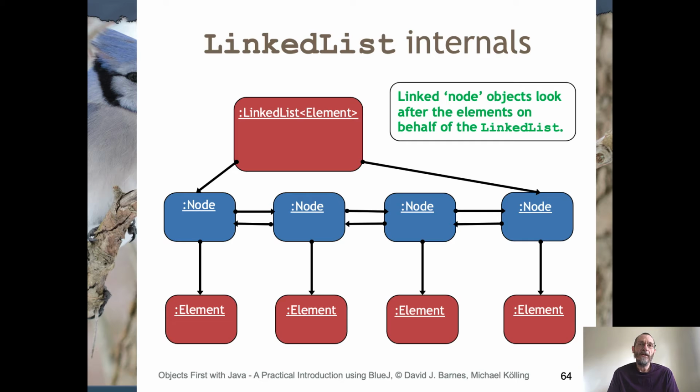And then it chains together those helper objects in what's called a doubly linked list internally, and then the linked list just keeps track of where the head of that linked chain of helper objects is and where the end of that chain is as well. And then that chain of helper objects gives rise to some of the characteristics of the way that a linked list behaves when we call various methods on it.